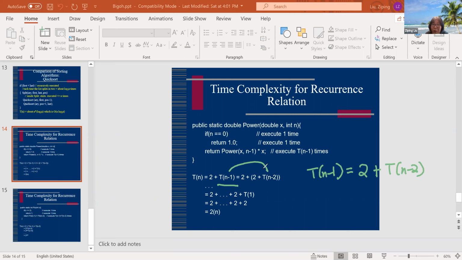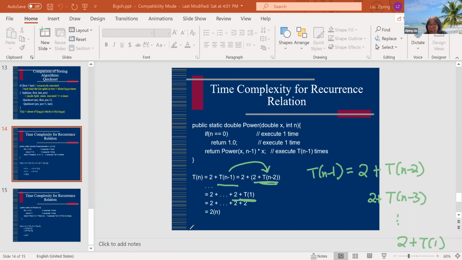And then we can decompose this as 2 plus T(n minus 3). And then you can keep doing this until you have 2 plus T(1).